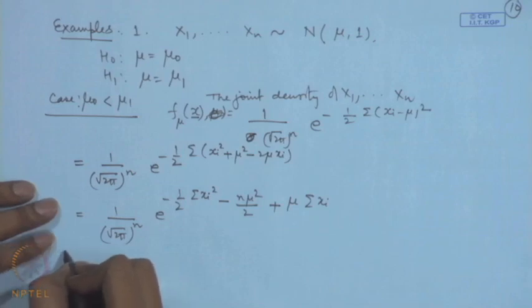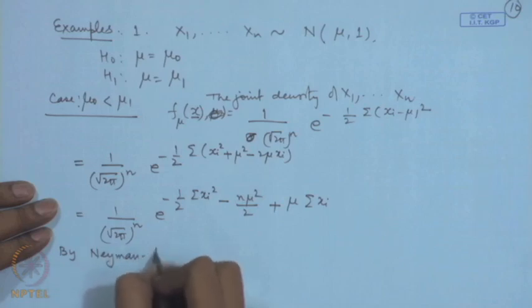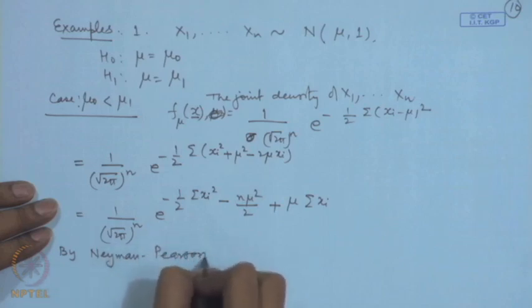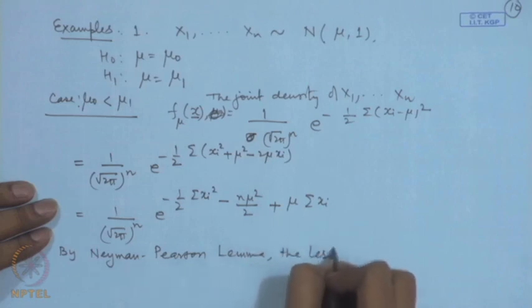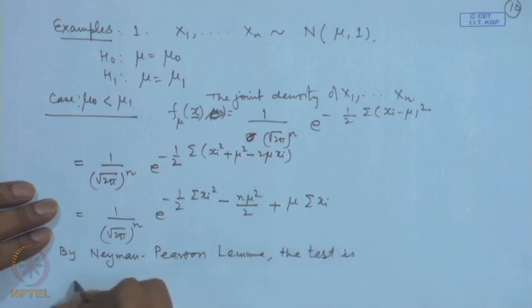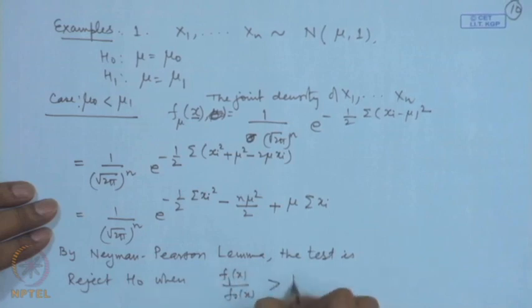So, if I write down by Neyman Pearson lemma, the test is reject H naught when f 1 x by f naught x is greater than k.